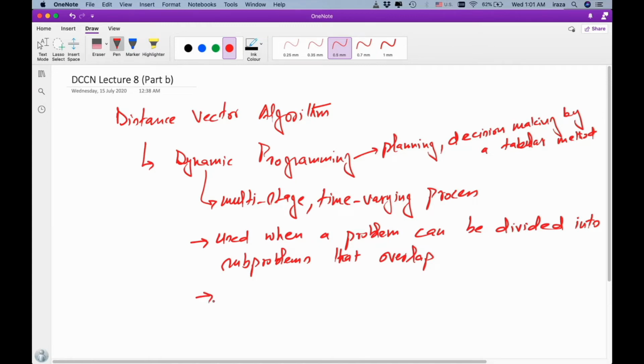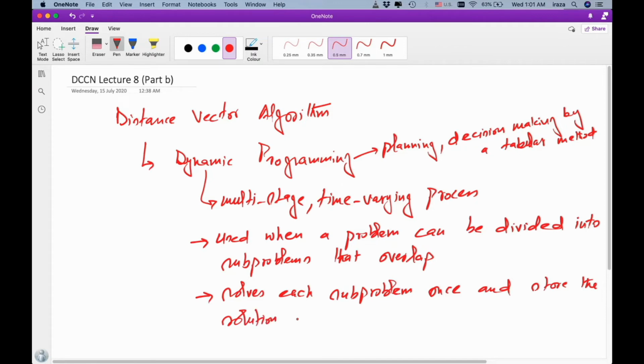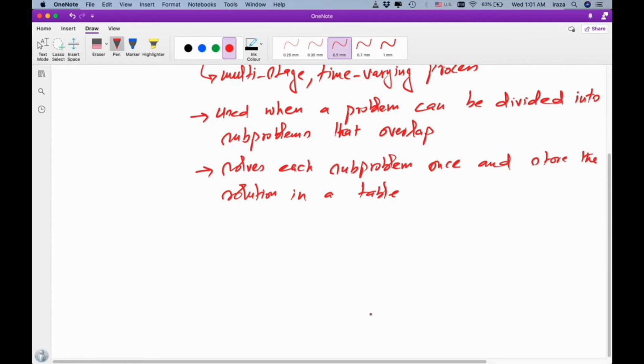So basically what it does is it solves each subproblem once and stores the solution, say in a table. And whenever we encounter the same problem, we do not need to compute it again and again.